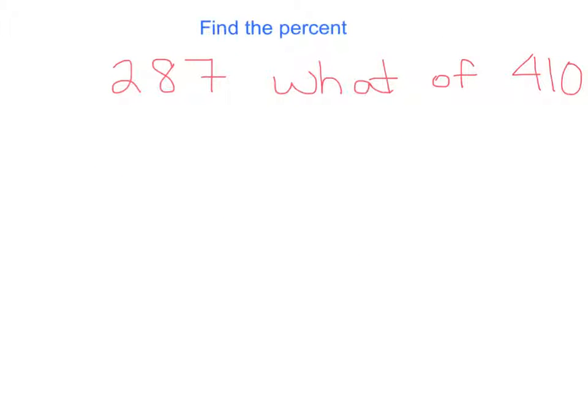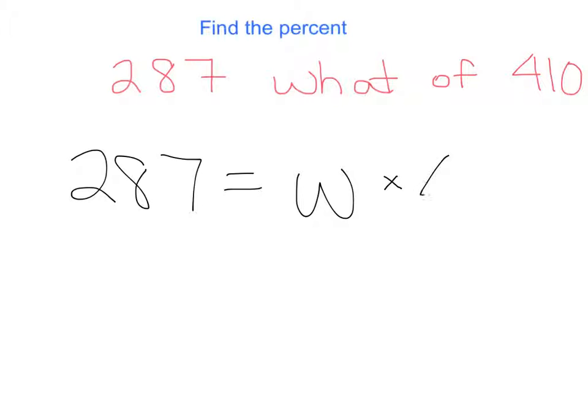Now we can find the percent. You want to set it up in the form of an equation, using the words to replace them with operations or equal signs. So 287 is what, so is, and then what is your variable, percent of 410. So then to solve, you divide both sides by 410.